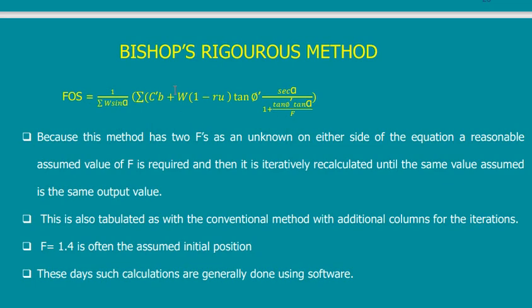Just for you to imagine, this is the equation for the factor of safety. Many levels and tan, cotan. It is very complicated, and to do it even in a graphical way, you may make lots of mistakes.